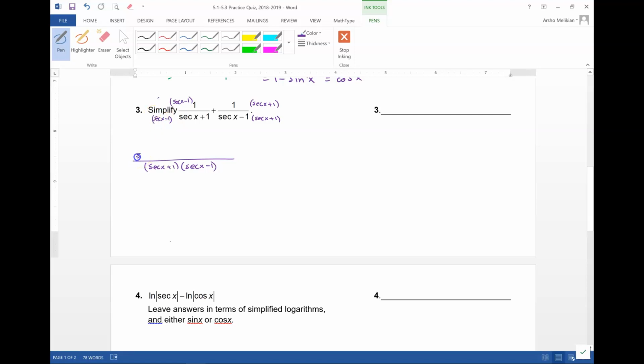So this is secant minus 1 plus secant plus 1. Okay, the negative 1 and the positive 1 go away. Now I have 2 secant of x over what?